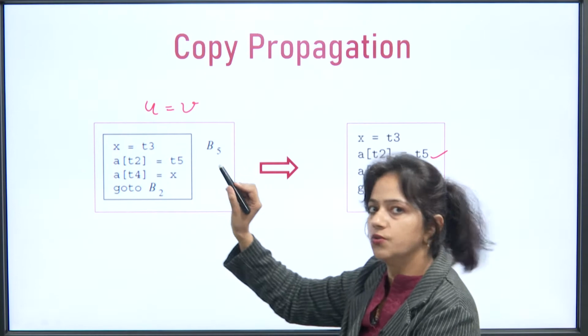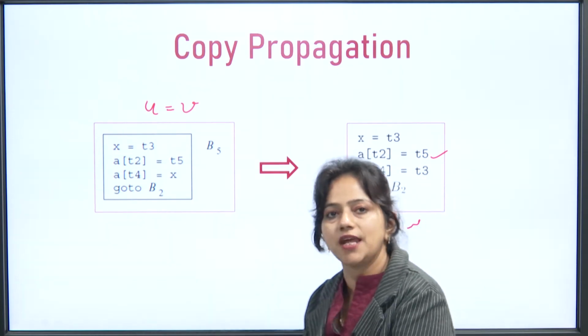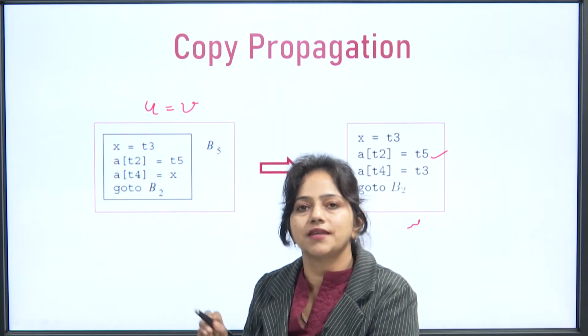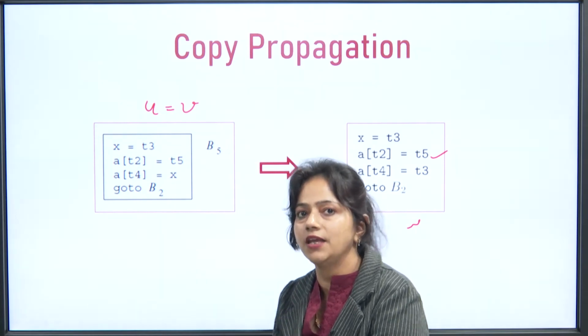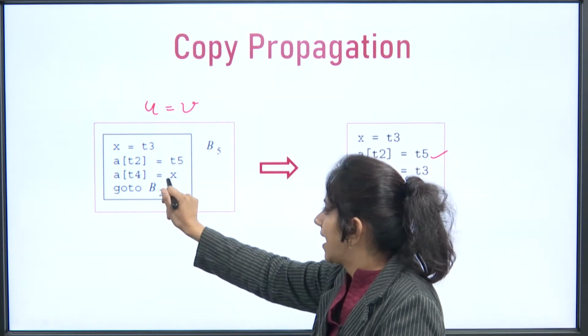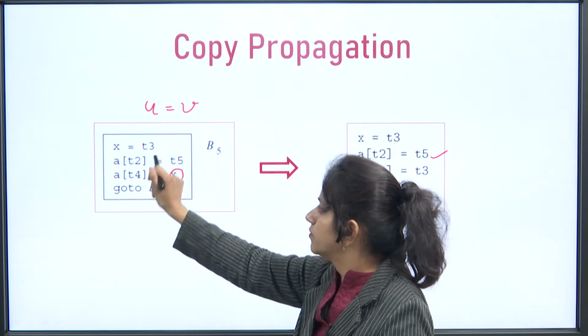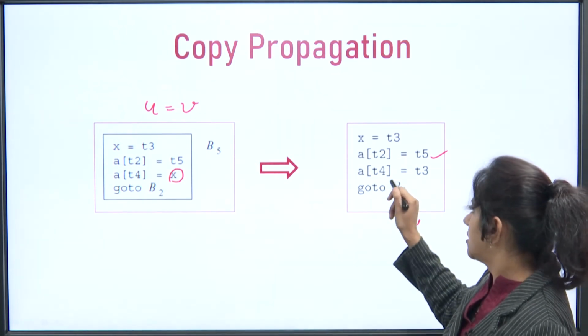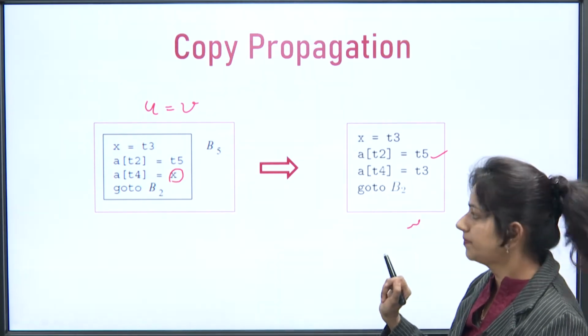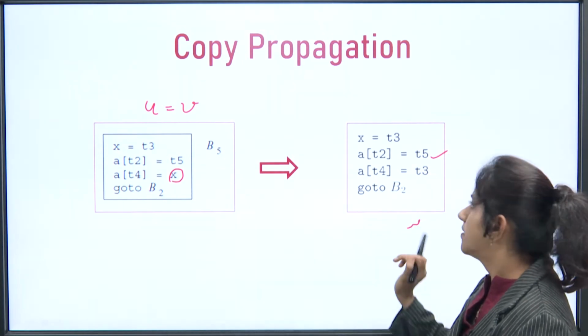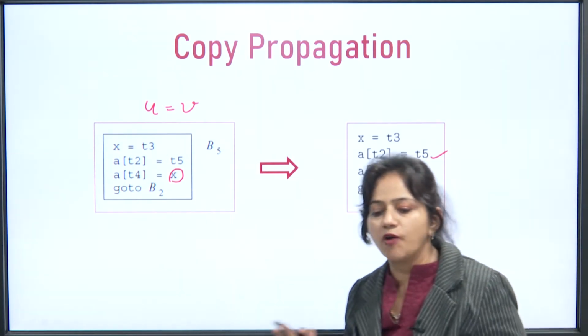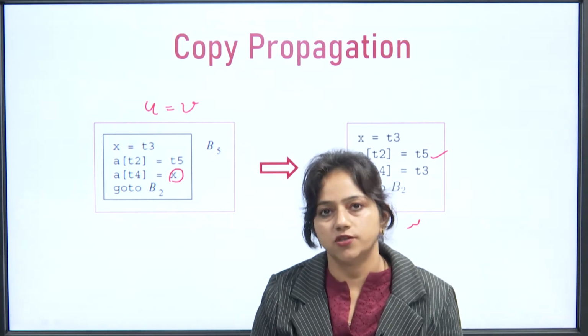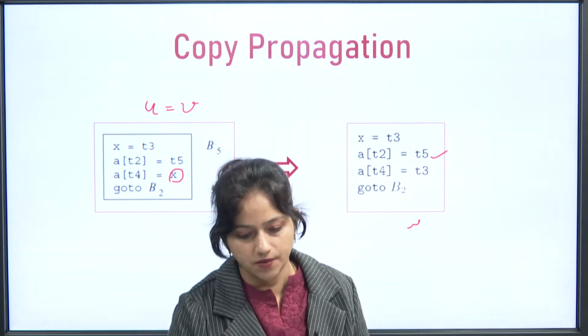So in the subsequent statements we will prefer to assign the value of v rather than u. Here, rather than using x, we will use T3. So a[T4] will be equal to T3, and the last statement will remain the same. This is the outcome of copy propagation.